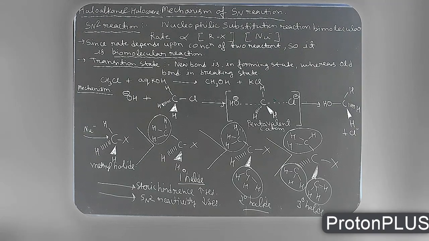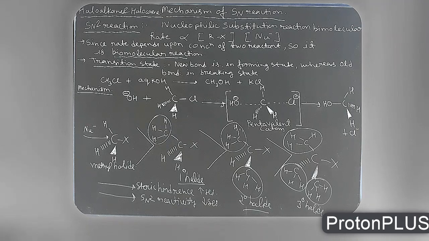In the transition state, as you can see, the carbon atom is pentavalent. It is directly bonded to 5 atoms, as you can see from the moving cursor. So it is highly unstable and immediately converts to the product with inversion in configuration.